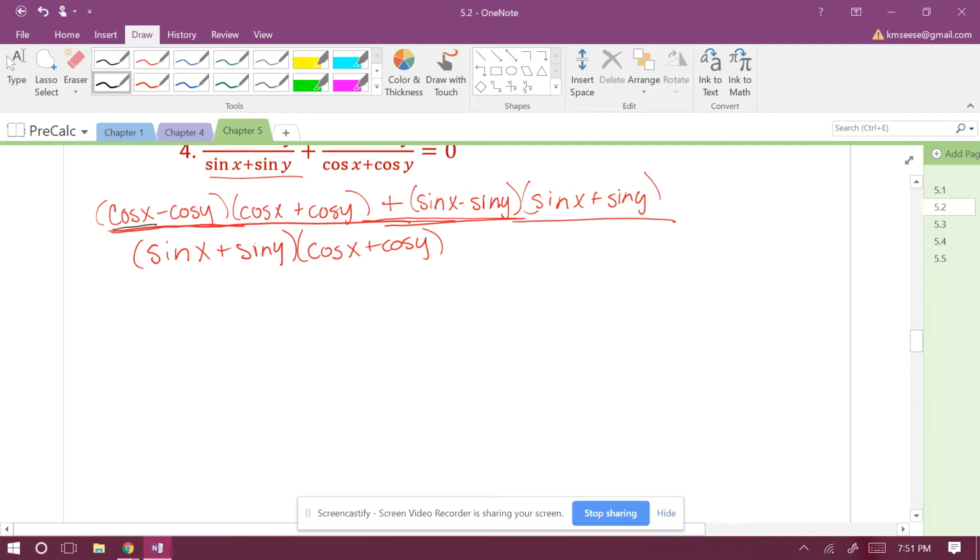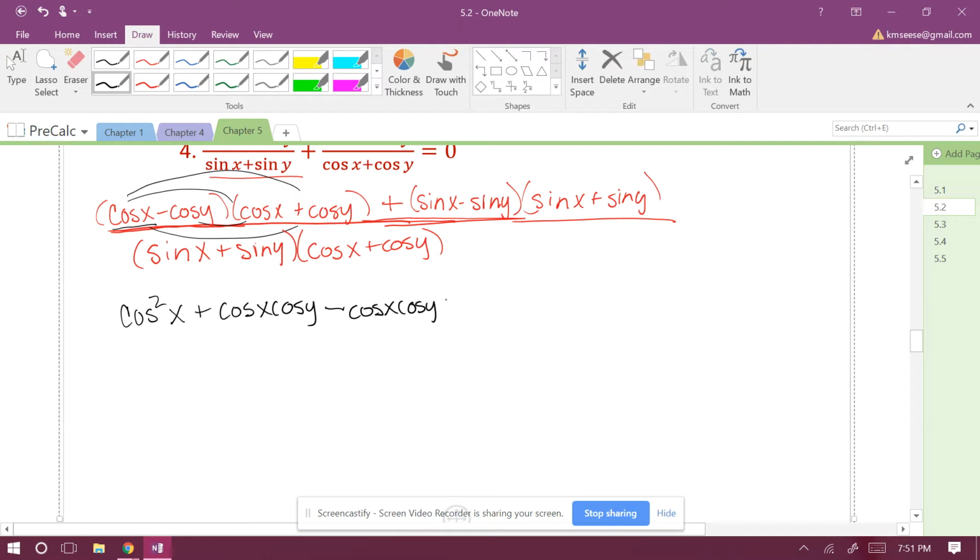If I take cosine of x and I FOIL these two, I have cosine of x times cosine of x, which is cosine squared of x. My outside gives me a plus cosine of x cosine of y. My inside gives me a minus cosine of x cosine of y.